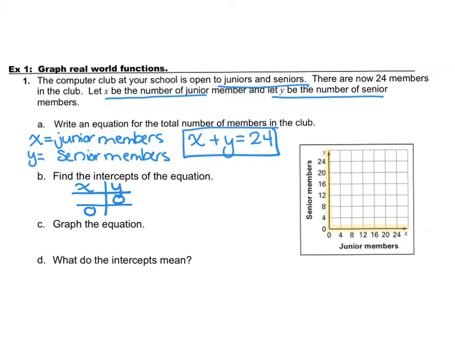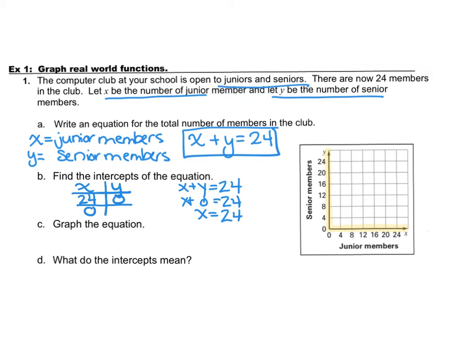Let's plug in 0 for y. So we have x plus y is equal to 24. Plugging in 0 for y, we have x plus 0 is equal to 24. So x is equal to 24.